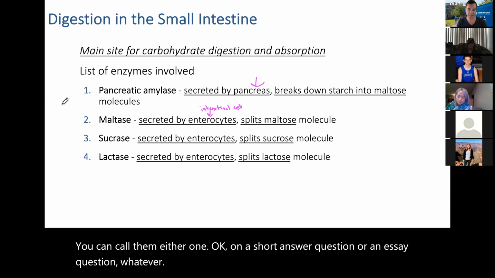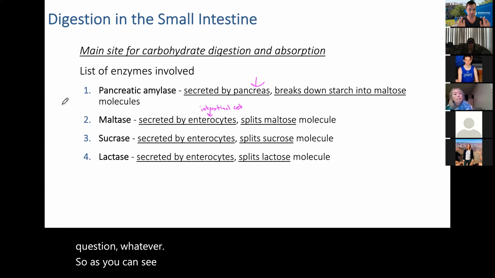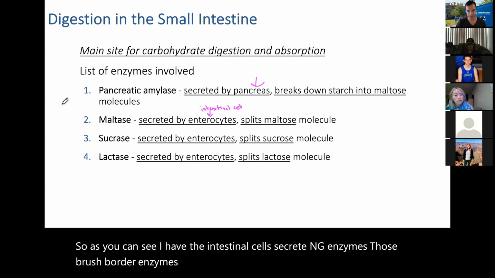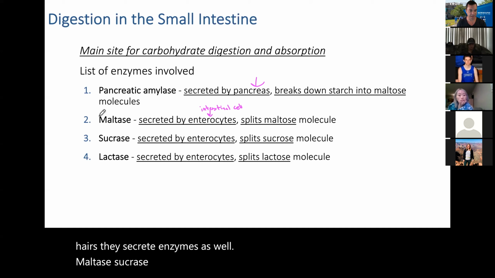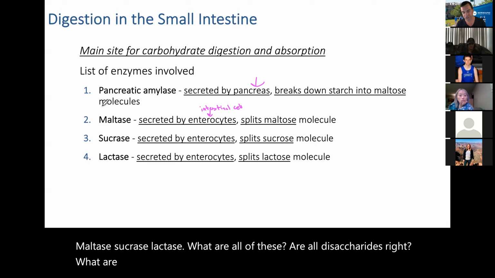So as you can see, I have the intestinal cells secreting enzymes, those brush border enzymes, right? From those little microvilli, those little bitty hairs. They secrete enzymes as well. Maltase, sucrase, lactase. What are all of these? These are all disaccharides, right? What do we ultimately want to do in the body?